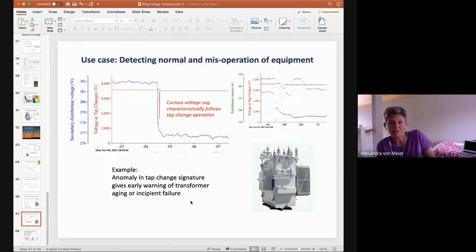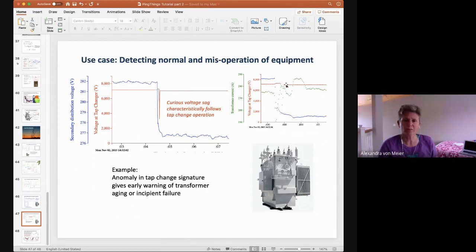And here, this was a question also about how you diagnose a problem. In this particular case, our colleagues at Lawrence Berkeley Lab first looked at just the voltage, and the voltage would have these weird momentary sags.